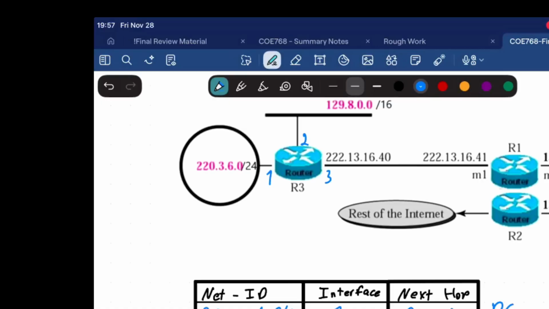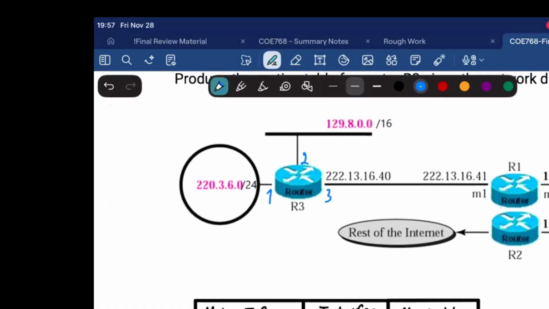Okay, so for this second interface, we have another subnet. So we have 129.8.0.0/16. That's a slash. Okay. And once again, this is a direct link between the router and that network. And that is that.